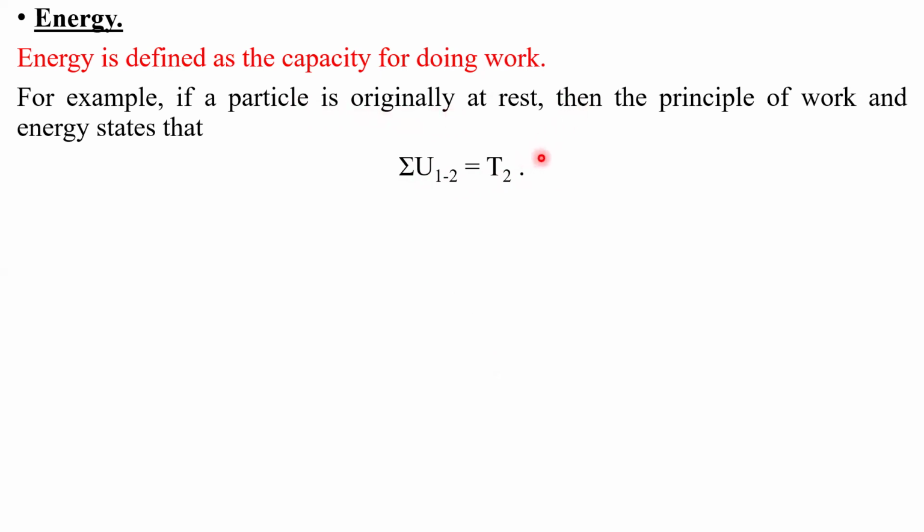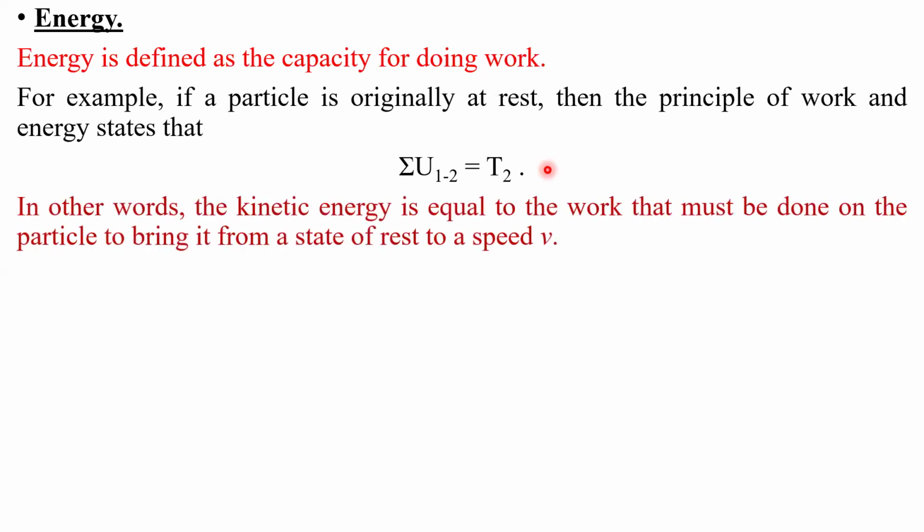You know, T is kinetic energy, which is half mv squared. And when the object is at rest, v is 0. So the initial kinetic energy is absent. So in other words, the kinetic energy is equal to the work that must be done on the particle to bring it from a state of rest to a speed v.